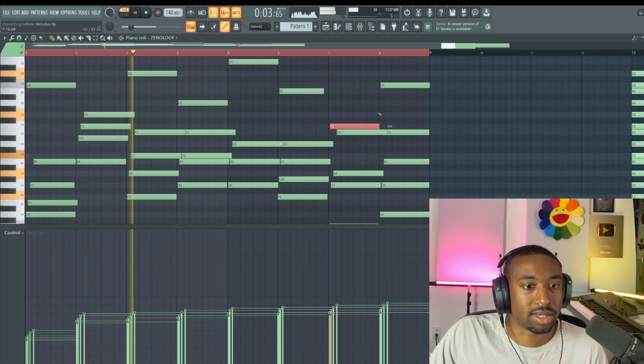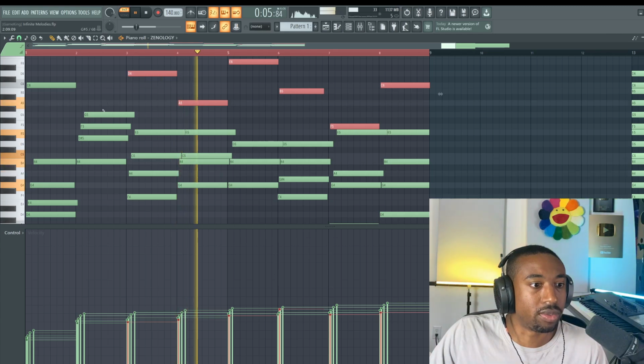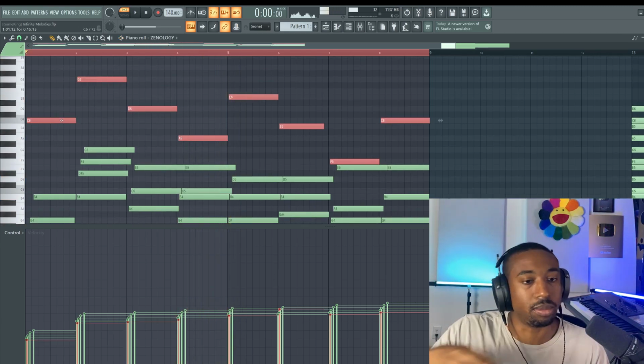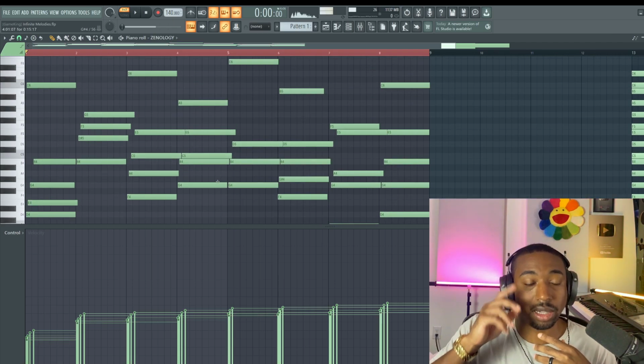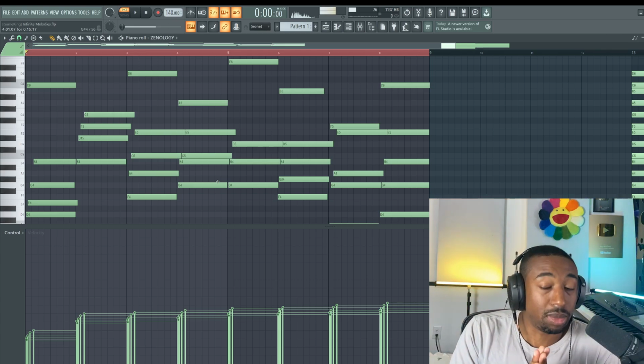All right, so that's how you guys can make it a little more creative, and then there's a lot more technique to go into it to make it more fluid, but that was just a quick example of a chord progression with the melody. So that is how you create infinite melodies, quite literally.